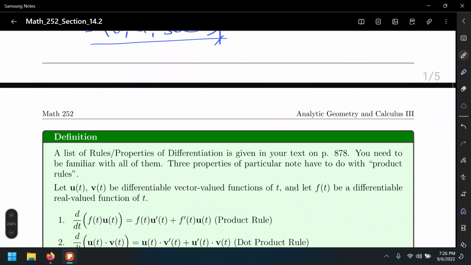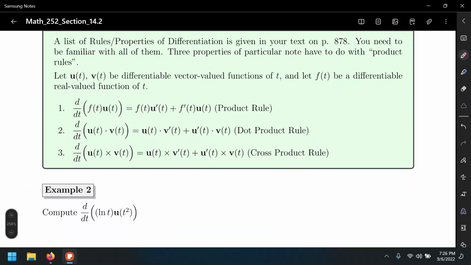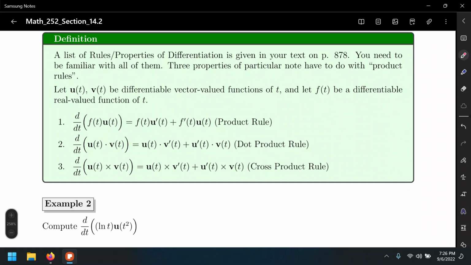All right. So in the meantime, let's discuss other differentiation properties, in particular product rules. In fact, there's 3 different product rules for vector valued functions, and when we multiply them, they're the same. The derivative of the first times the second plus the derivative of the second times the first. That's the same, except that in the first of the 3 cases it is a scalar function times a vector function.